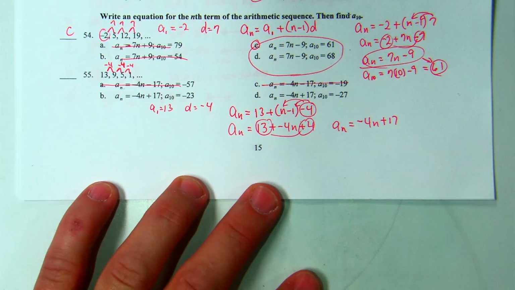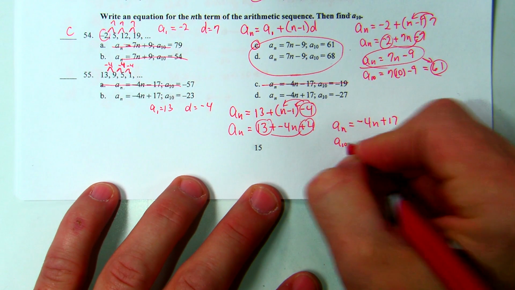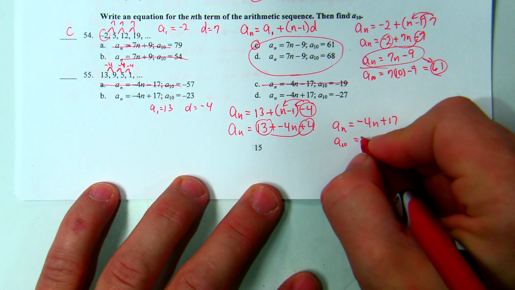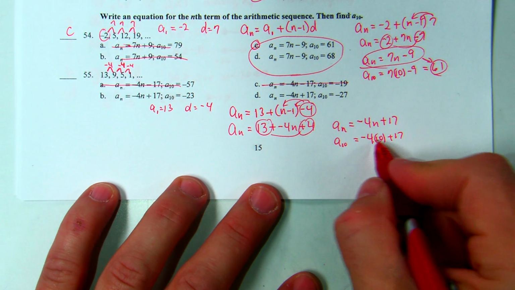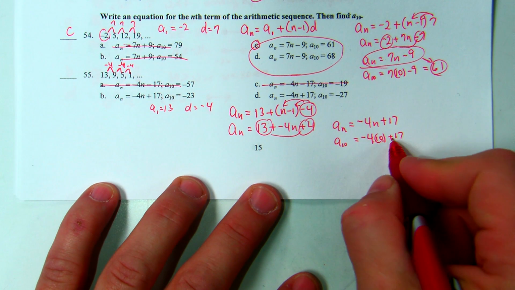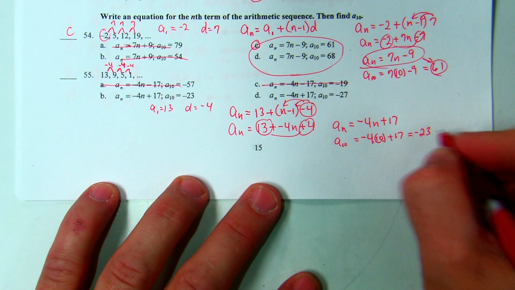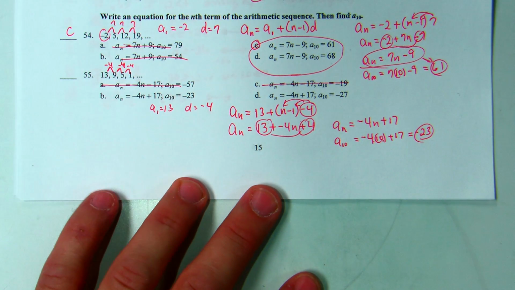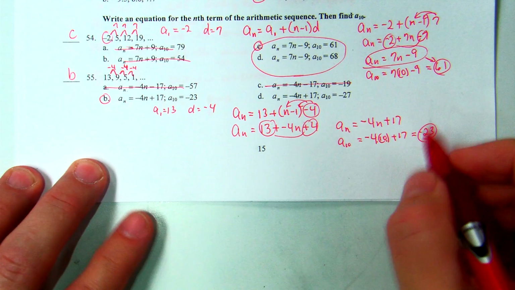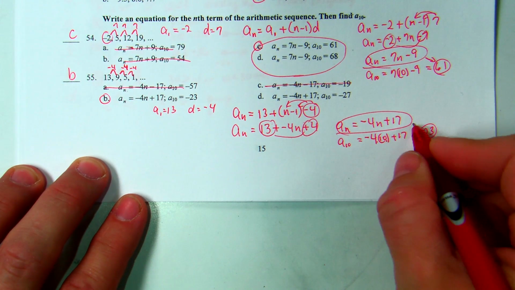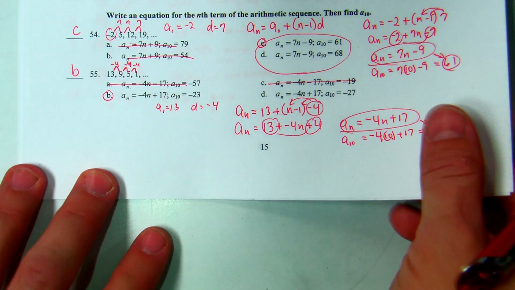So that gets rid of A and C because they have minus 17. When I plug in 10 for n, negative 4 times 10 plus 17 is negative 40 plus 17, which is going to be negative 23. So the answer to 55 is going to be B. I'm looking for that equation and that a sub 10 value there.